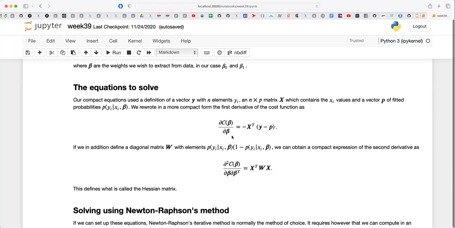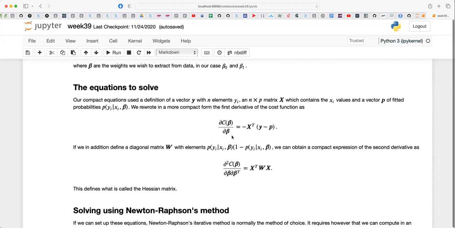And then what we also did was to calculate this Hessian matrix, which is the second derivative. Now, this W is a matrix which is diagonal, which contains the probabilities. Now, the probability is always positive. And you can actually show that that matrix is positive definite, which means that we are again dealing with a convex optimization problem.